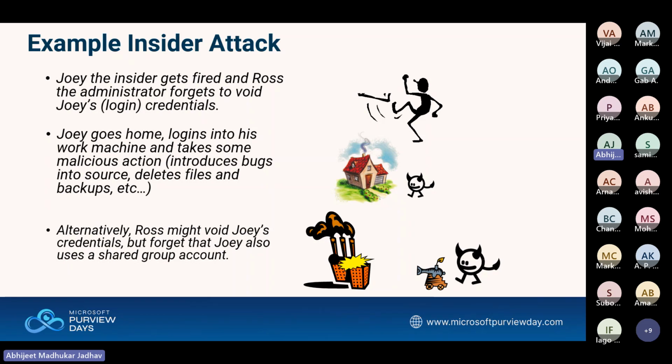But considering the current situation where hybrid work is at the forefront, there are not very good indicators of an insider attack happening in the company, such as IP theft, data corruption, and things like that.